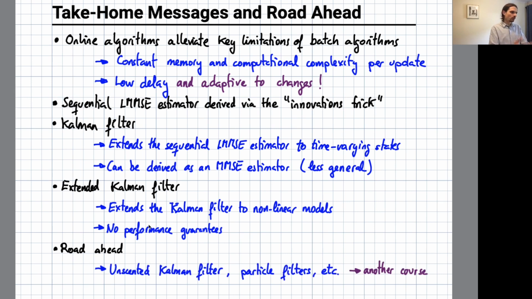What would remain are other algorithms for tracking the state of a dynamical system. In this context, famous algorithms are the so-called unscented Kalman filter, also particle filters, and so on.